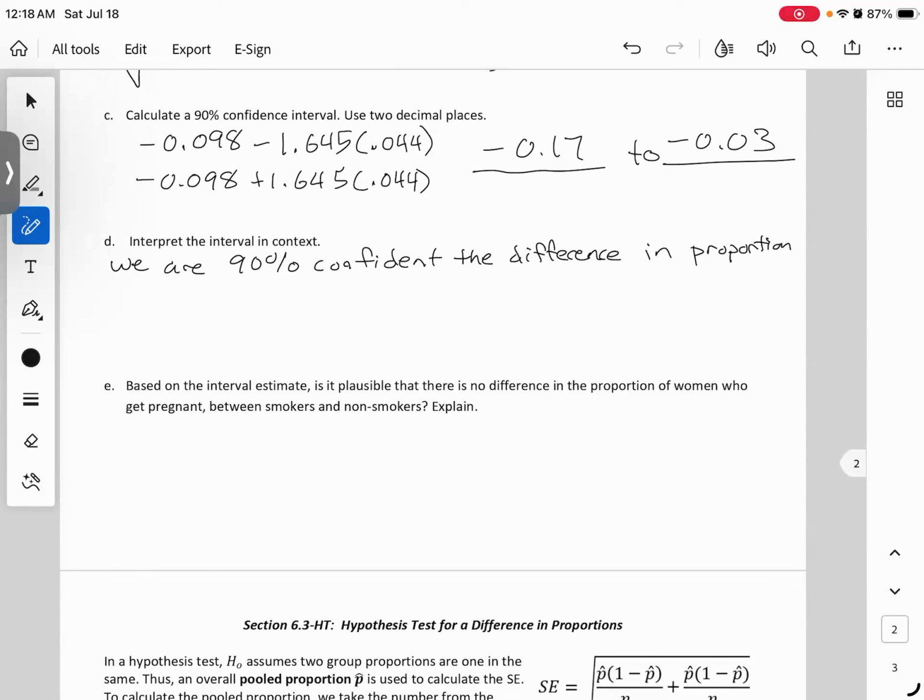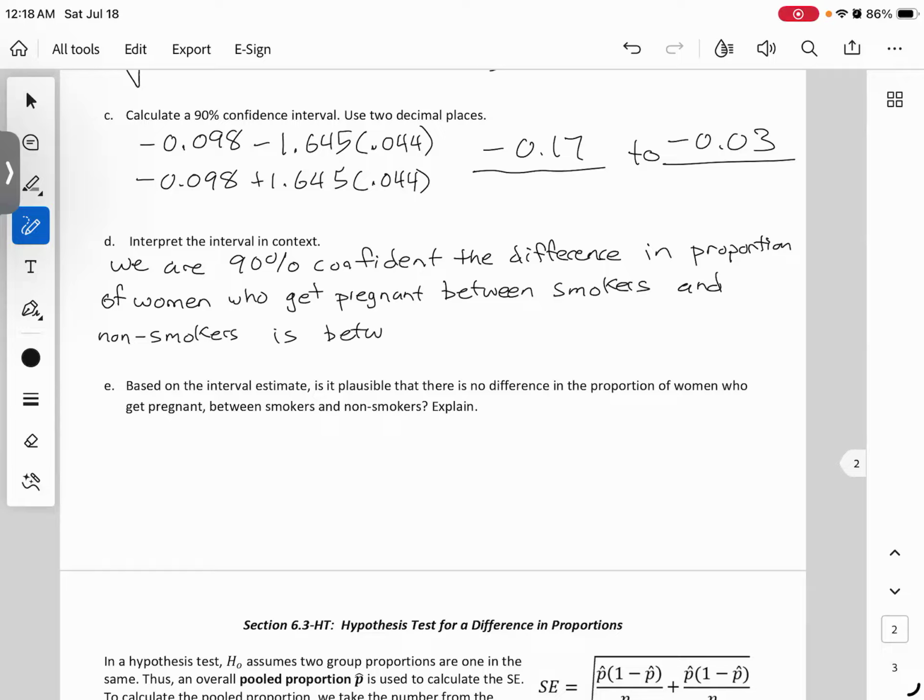And then we're just going to finish off this interpretation. Again, it's always, I think, a good idea to reuse the words that they have in the prompt. This is about women who get pregnant, between smokers and non-smokers, is between negative 0.17 and negative 0.03.